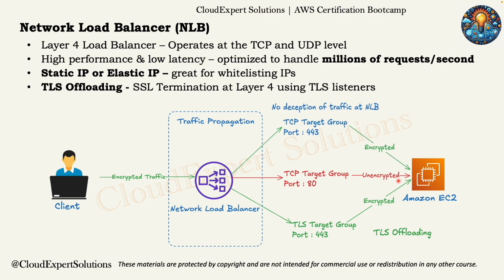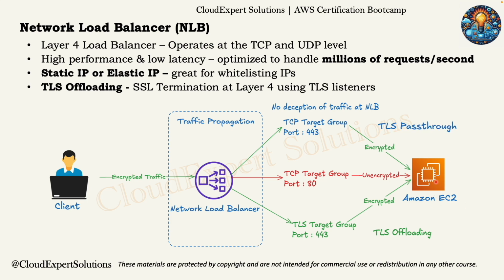You can also configure a TCP target group on port 443, and since port 443 supports SSL or TLS, in that case the network load balancer will not perform any encryption or decryption at the network load balancer level. It will pass through the encrypted traffic directly to the backend server, which is called TLS pass-through.